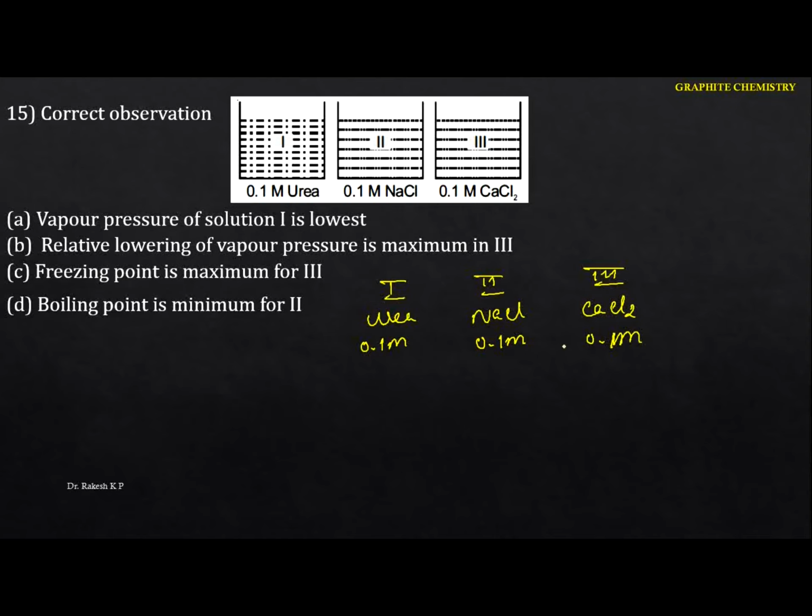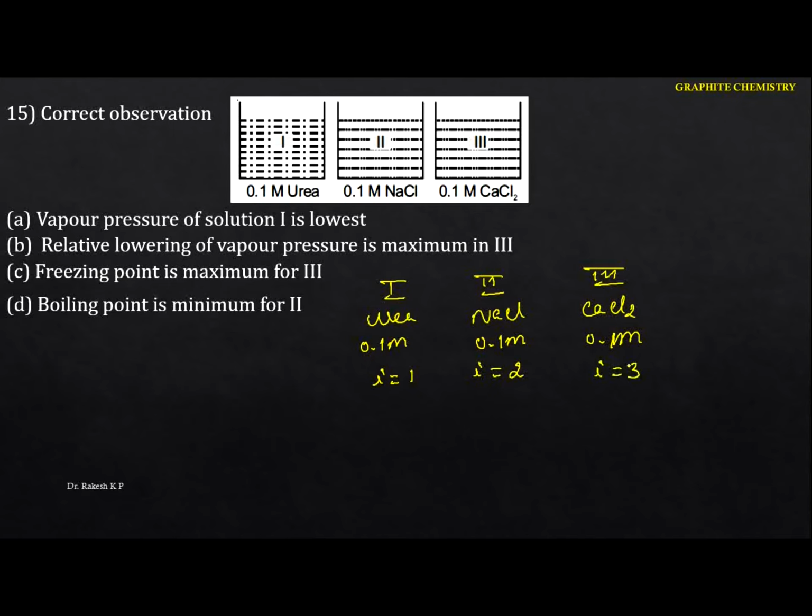What is the observation we can identify? The vapor pressure of solution is lowest in 1, relative lowering of vapor pressure is maximum in 3, freezing point is maximum in 3, boiling point is minimum for 2. You just identify the i value: for this one, since it is a non-electrolyte, i equals 1; here i equals 2; here i equals 3.